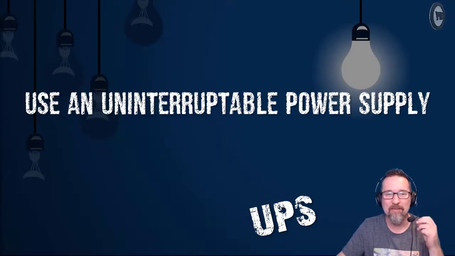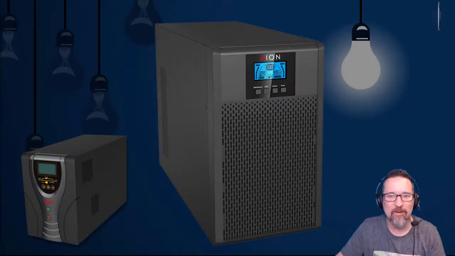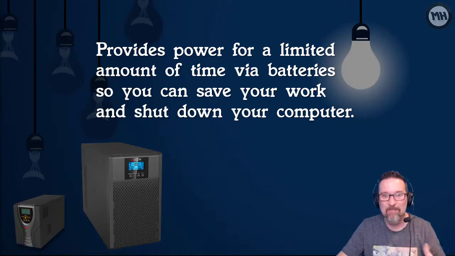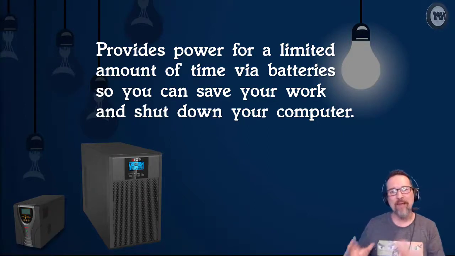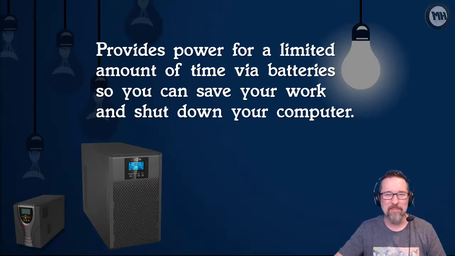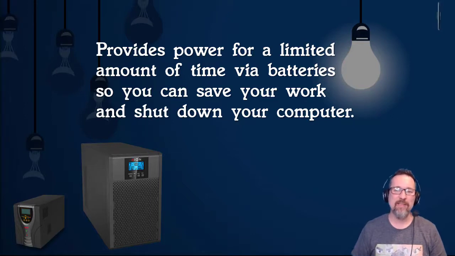So when the power kicks out, we're okay. Why? Because the batteries on the UPS keep going and keep providing power for your computer to still run for a certain amount of time. So 20 minutes, an hour, 2 hours. It depends on the size of the UPS, how many batteries you've got, how much power is in that thing.